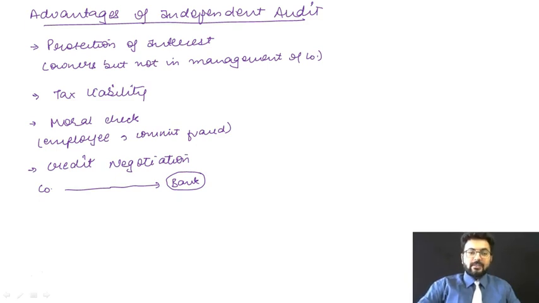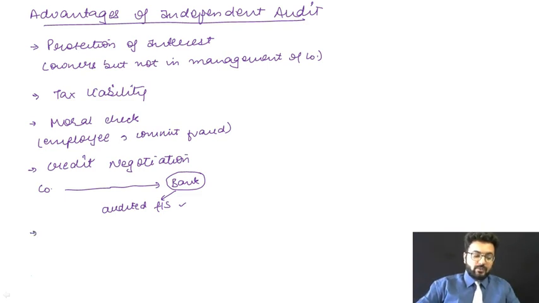So while this company is going to approach a bank, it relies on audited financial statements. Let us suppose you are a bank. On which financial statement will you rely? Which kind of financial statement is going to boost your confidence? Audited one or unaudited one? So definitely the audited one. Yes, the audited financial statement is going to boost my confidence that yes, this is verified.